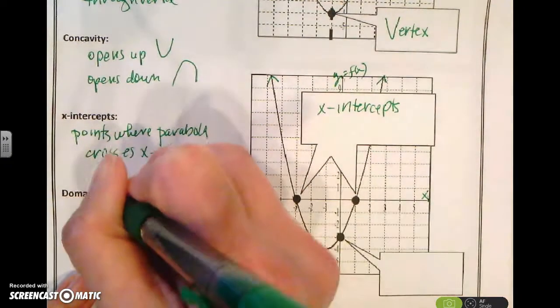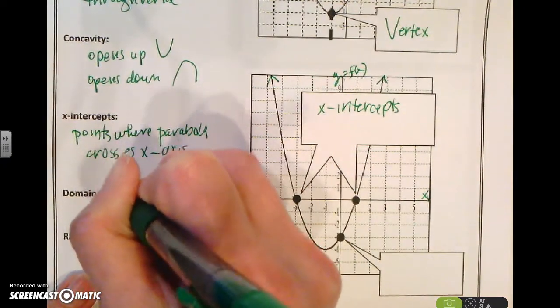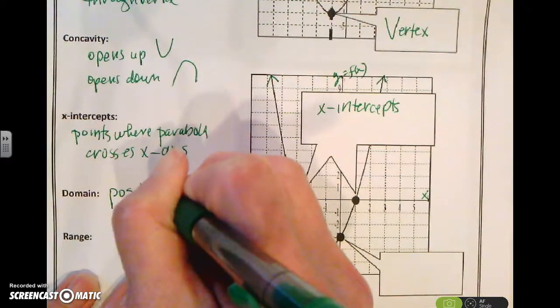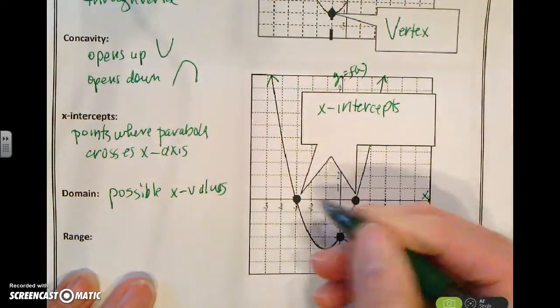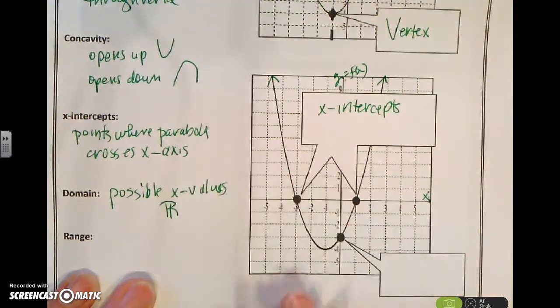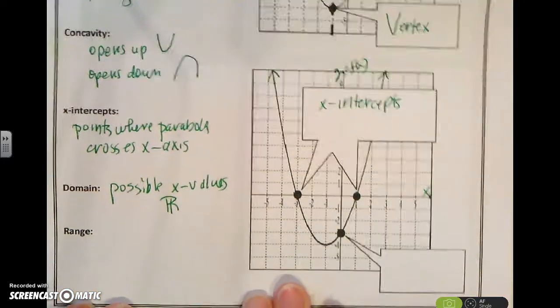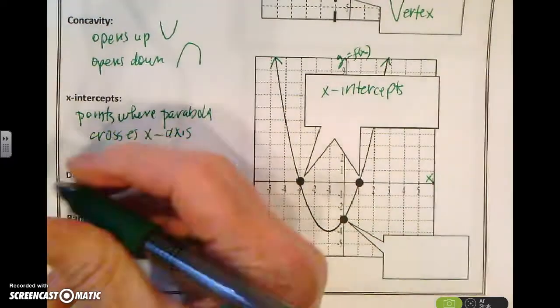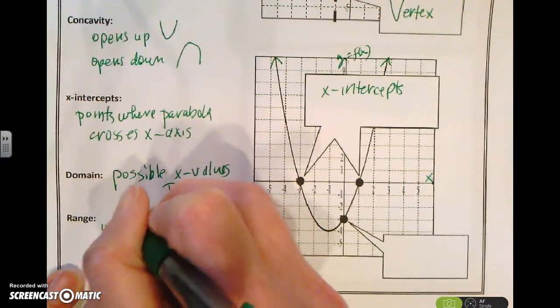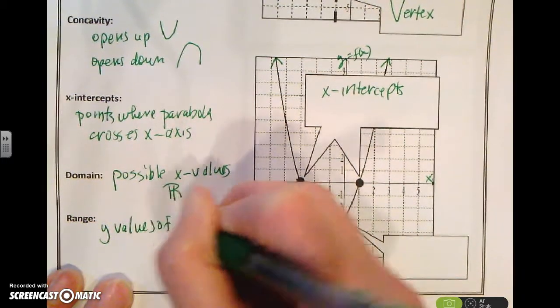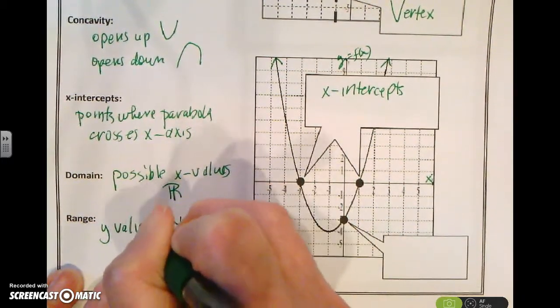So remember that the domain are the possible x values. And in this case, I'm just going to go ahead and put the capital R because it will be all real numbers. And the range are going to be the y values of the function.